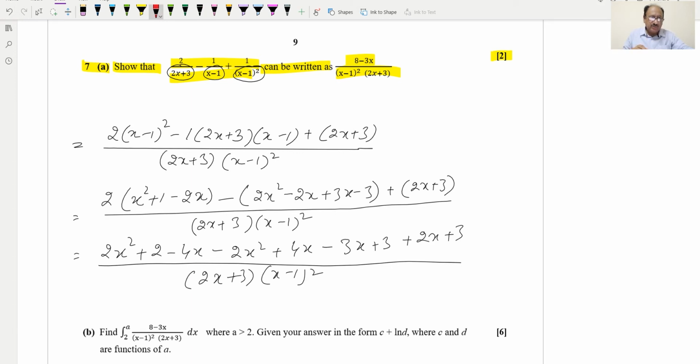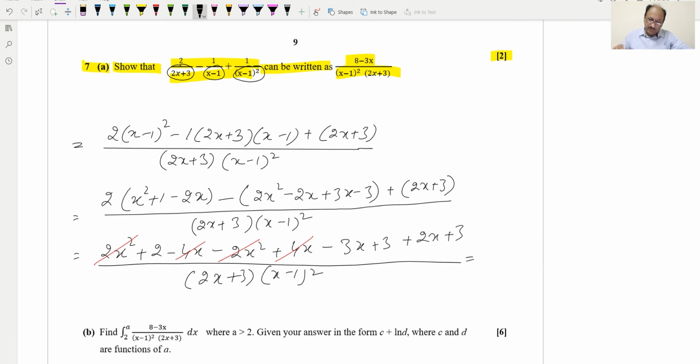Now the cancellations: we can cancel this with this one and 4x with minus 4x, so the remaining part will be what?